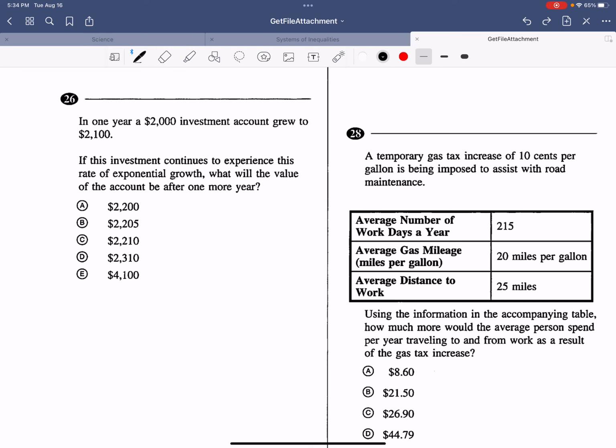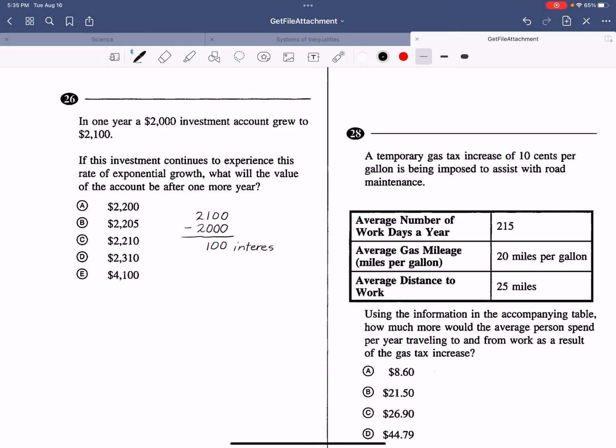Well, if I knew an interest rate, that would help me. So that's where I'm going to start. I'm going to focus on finding the interest rate. Now, if I put $2,000 in the account, and after a year I had $2,100, that tells me that the interest that accrued was $100.